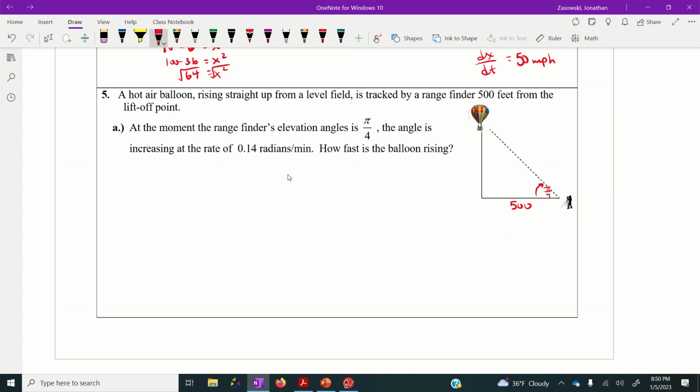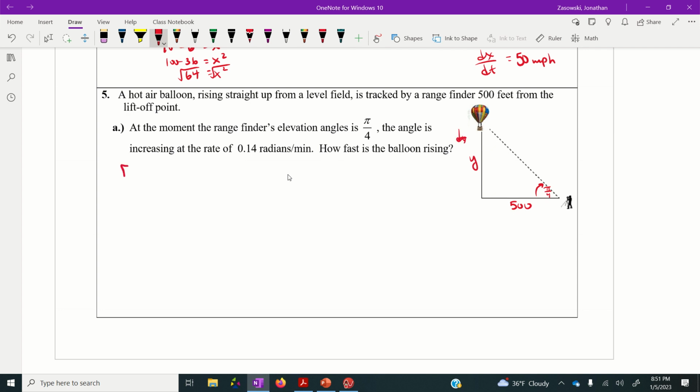We want to know the angle is increasing at a rate of 0.14 radians per minute. We want to know how fast this is going. So keep that in mind as we go along here, okay? So what we want to do is figure out what this is. We can call this y. We want to get dy/dt.